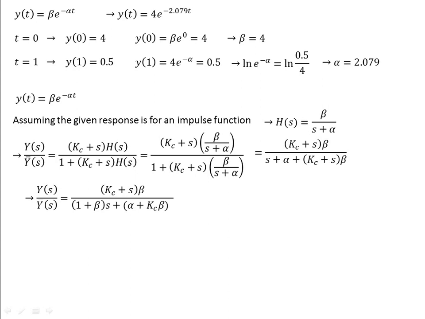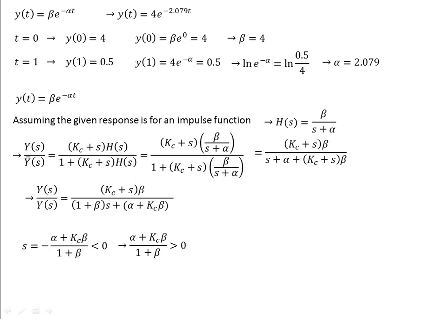Since the stability of the system is just related to the poles, we just look at the denominator part. So the pole of the system is equal to minus (alpha plus Kc beta) over (1 plus beta). In order to have a stable system, this pole should be negative, so we put this one less than 0. In order for this fraction to be less than 0, since we have a minus here, it means that (alpha plus Kc beta) over (1 plus beta) should be bigger than 0.